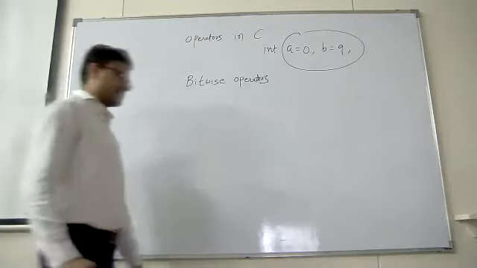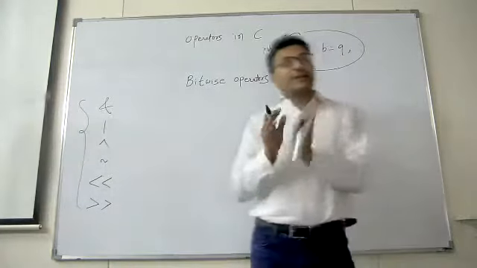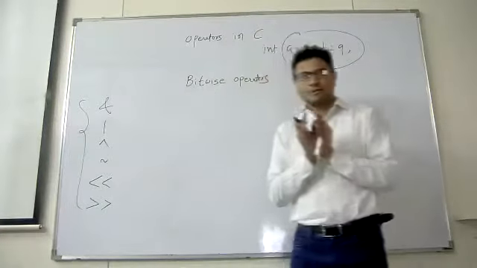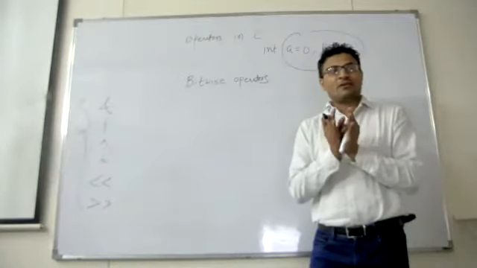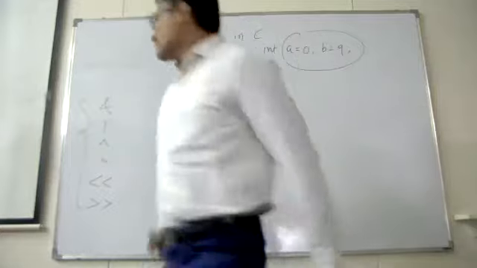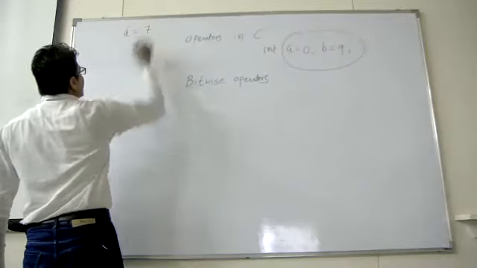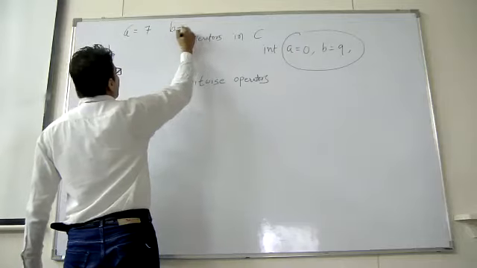These are the bitwise operators. Here it will do the operation bit by bit of the operand. Suppose I have operand A equal to 7 and B equal to 9.